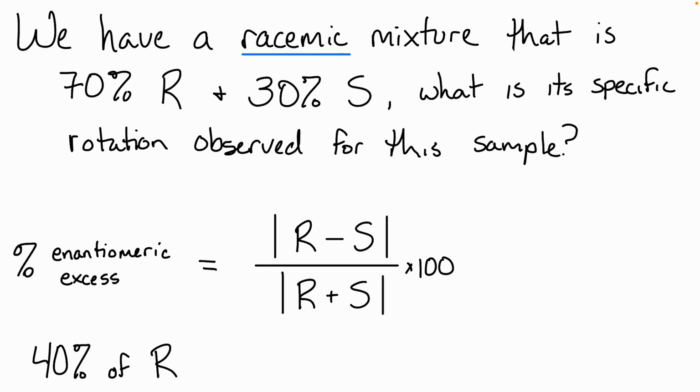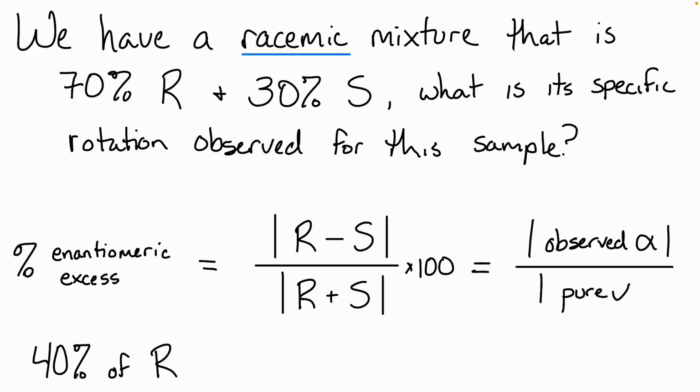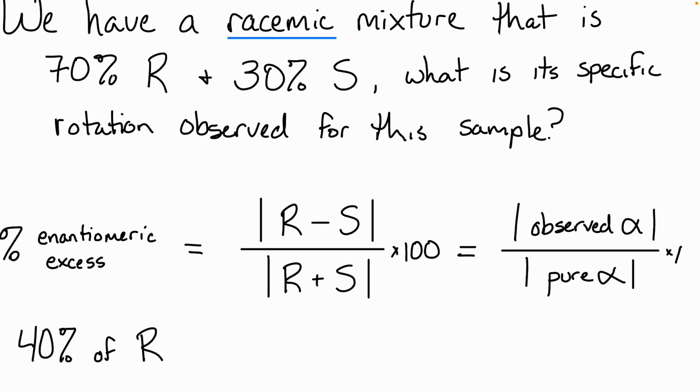All right. So how is this going to help us figure out what the rotation of this sample is? Well, it turns out that this percent enantiomeric excess is also equal to your observed rotation divided by what you would see for the pure sample, times 100.